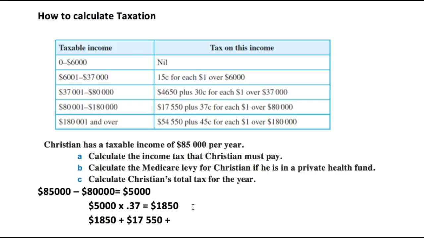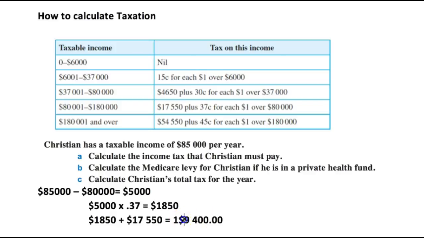And that answer is, oops, should be an equals. So when we do that, we get $19,400 in tax. It's a lot of money, isn't it?